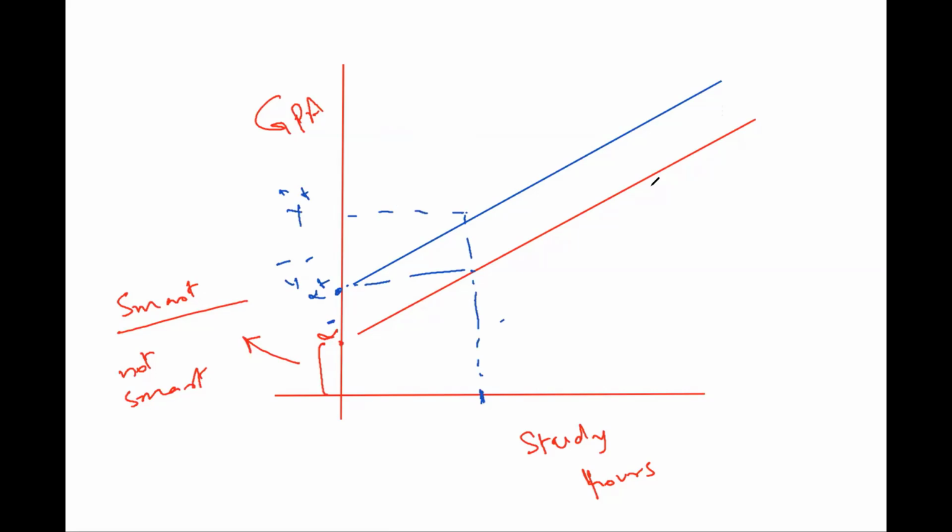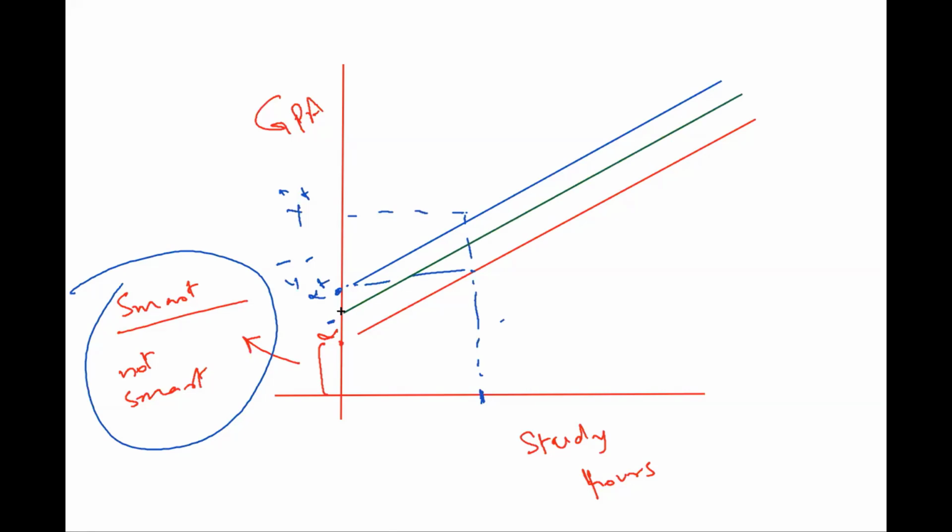If your sample has subgroups which change variables that are not in the model, technically there are two intercepts, but if you estimate a single model, the regression will run an average model. The average model will be in the center like this. I will name it the average model, and this is the not smart model, and this is the smart model.